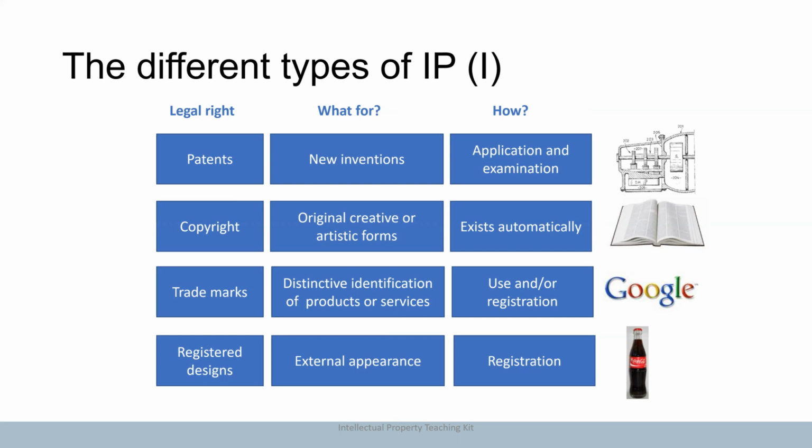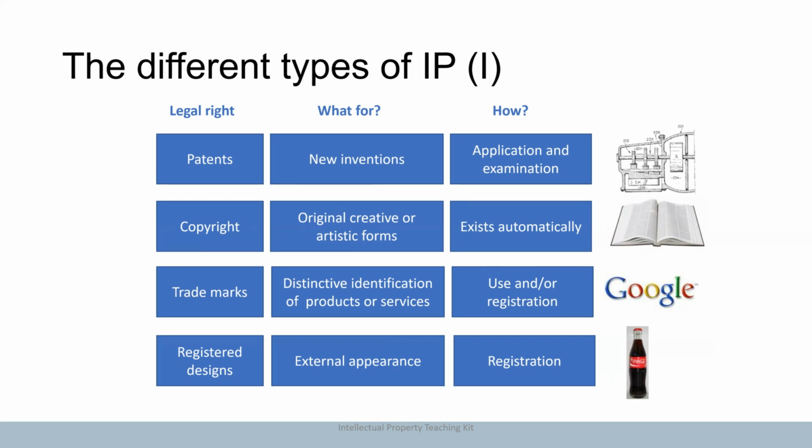Then we have original and creative artistic forms that give rise to copyrights, and they exist automatically as soon as the author has finished their own creation. We have distinctive identification of products and services, which are the trademarks, and they can be obtained through the use and/or a procedure of registration.